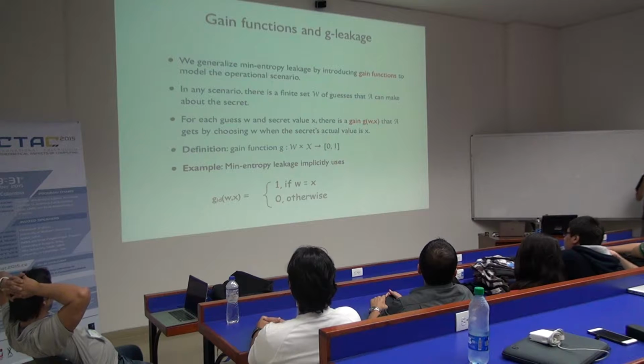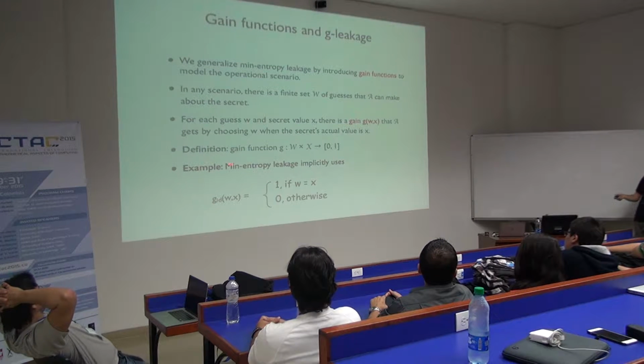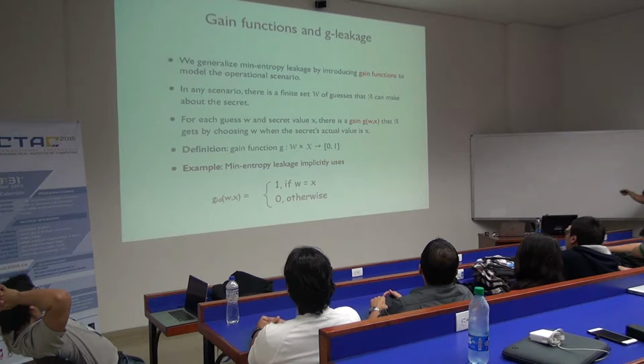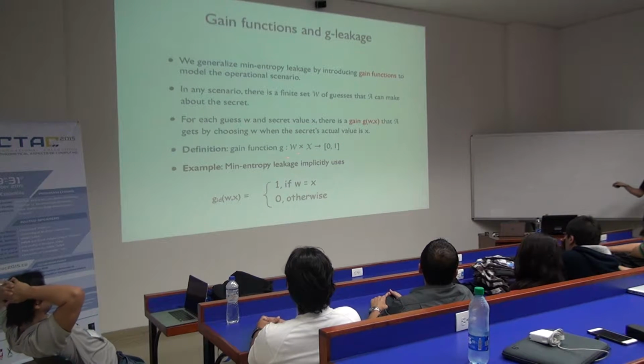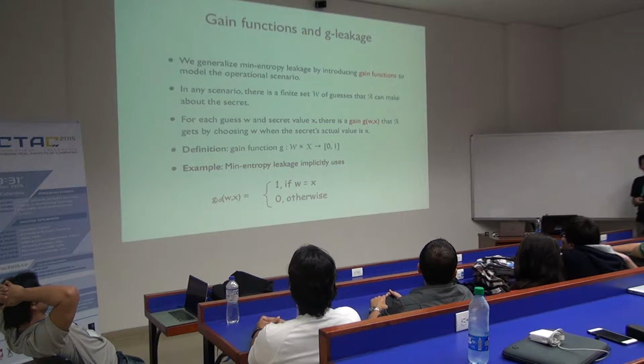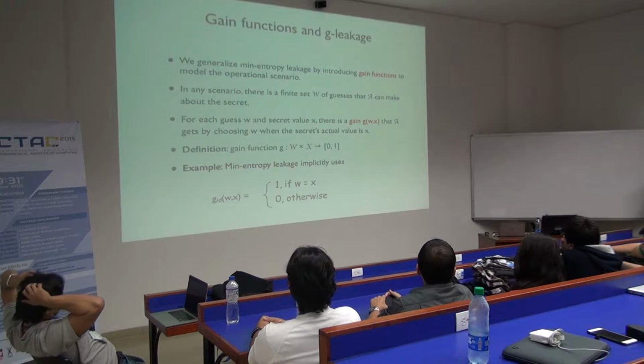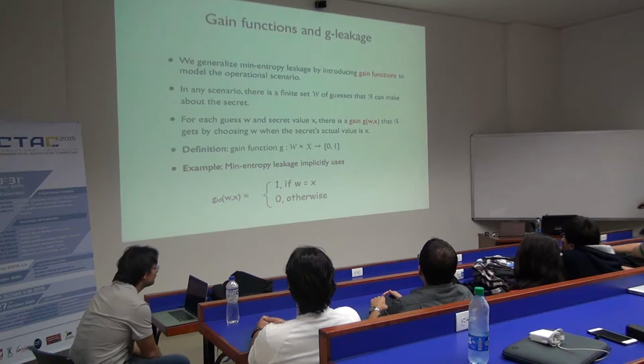So for instance, mean entropy leakage corresponds to this scenario, where the adversary makes a guess, in which the set W is exactly a set of secrets. So in the mean entropy case, the adversary actually guesses a secret, so tries to figure out the secret.